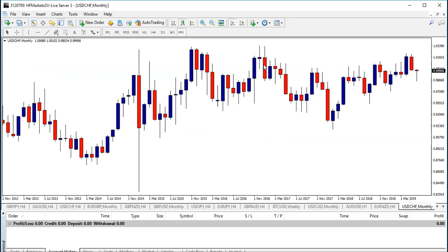So this particular candlestick shows you that the price opened at this point and then closed at this point, and then this is the highest point it got to, then this is the lowest point of price in this particular month that this candlestick represents, right?